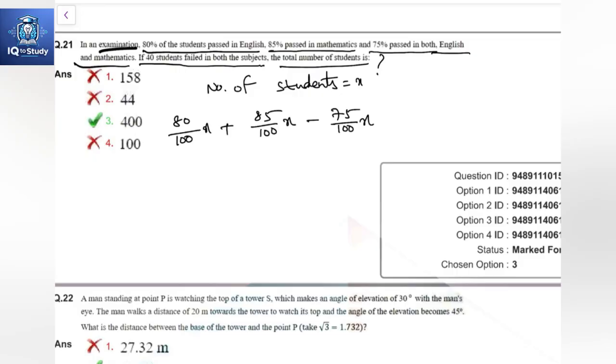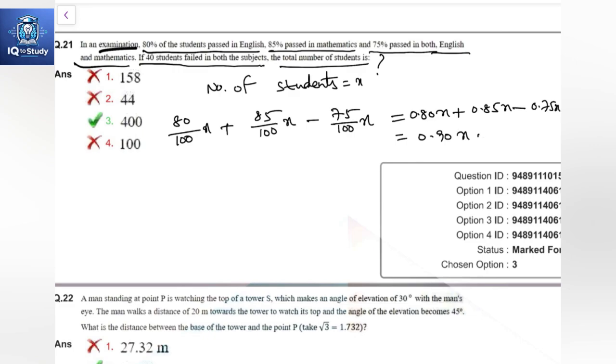This is equal to 0.80x plus 0.85x minus 0.75x, which is equal to 0.90x.